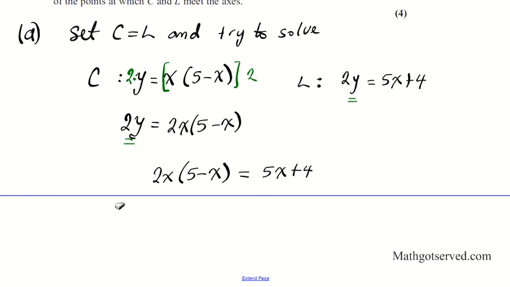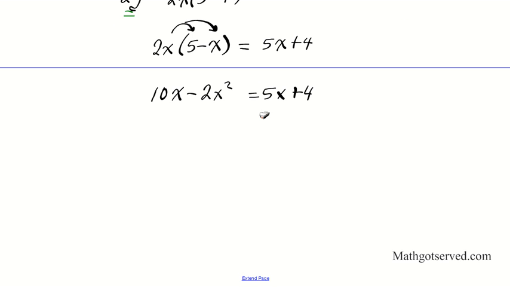Now let me simplify this equation as much as I can. If I distribute the 2x to both terms in the parentheses, we have 10x minus 2x squared equals 5x plus 4. This is a quadratic equation, so to solve it we have to put it in standard form, or set it equal to 0, and then solve by using the quadratic formula or factoring.